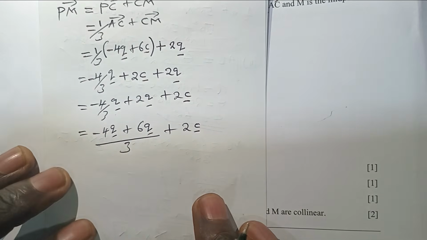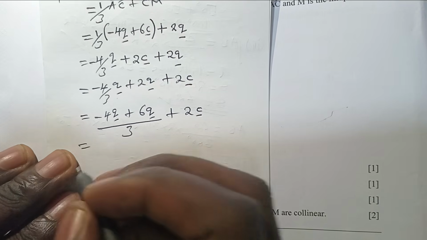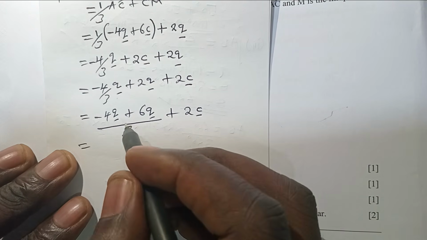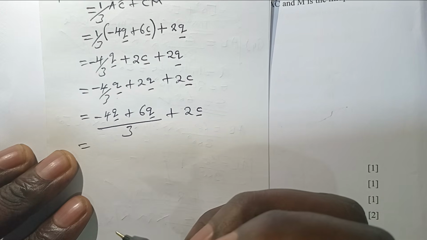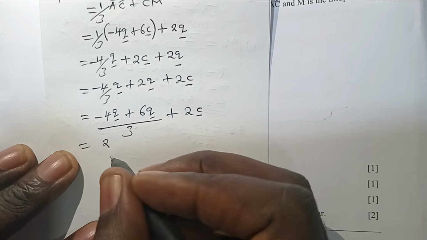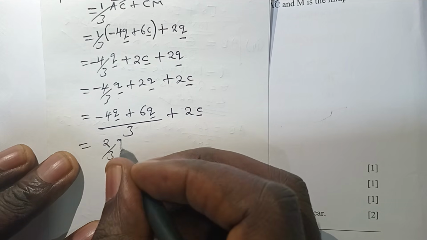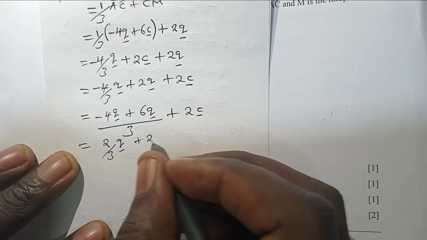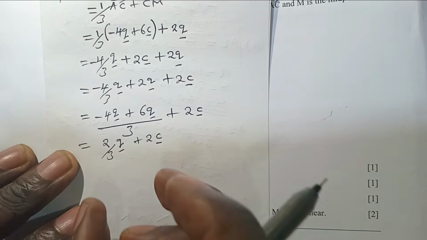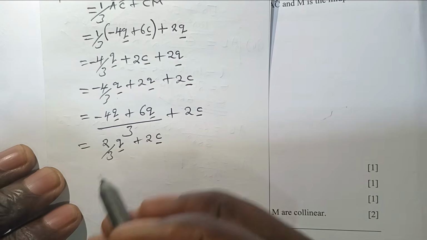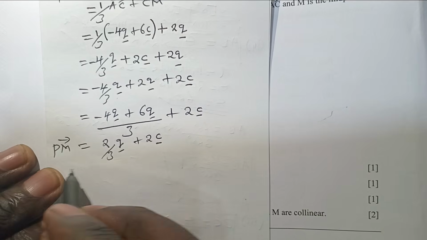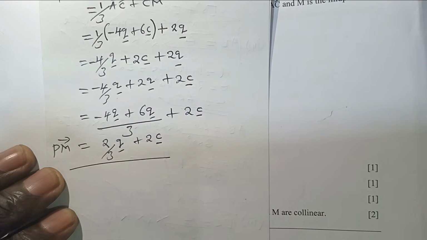So this fraction part is going to give us 2 over 3Q under bar plus 2C under bar. So this is going to be the solution to the vector PM.